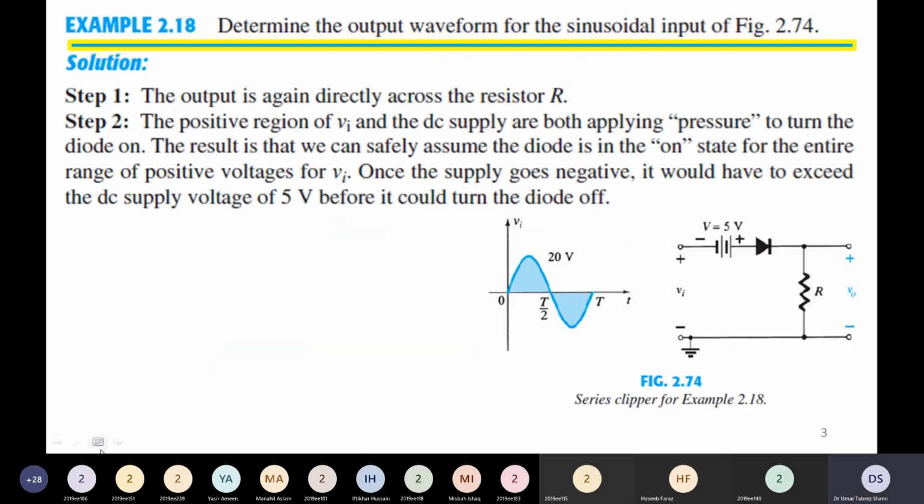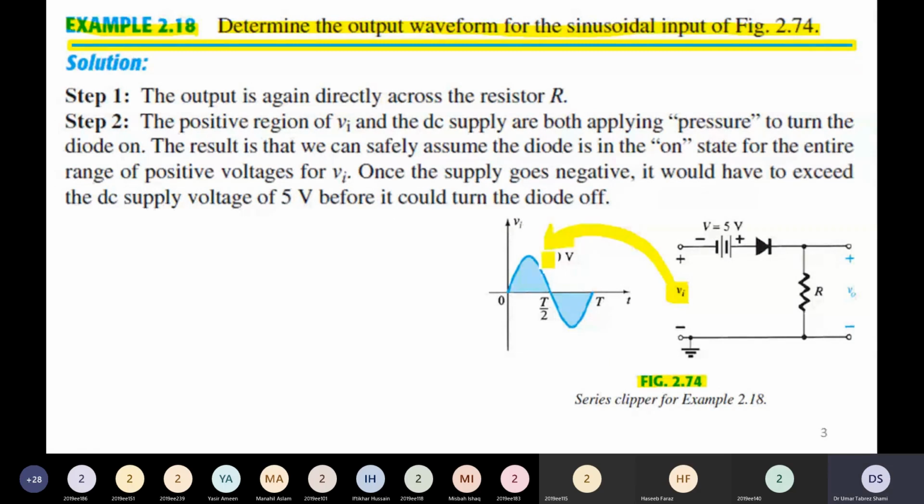So the next slide is in fact an example. Example 2.18. Determine the output waveform of the sinusoidal input of figure 2.74. In figure 2.74, we have V input, which is a sine wave.